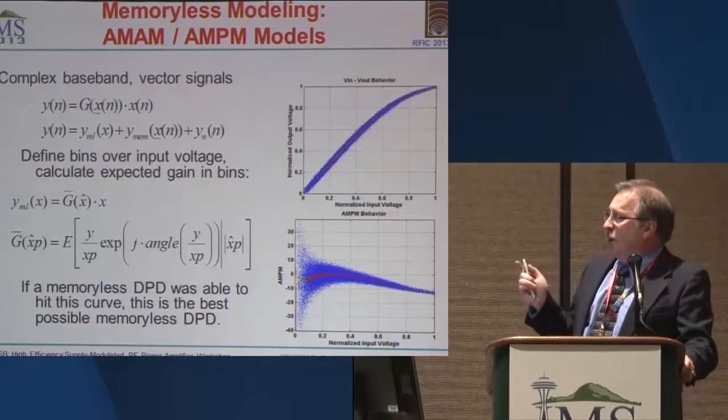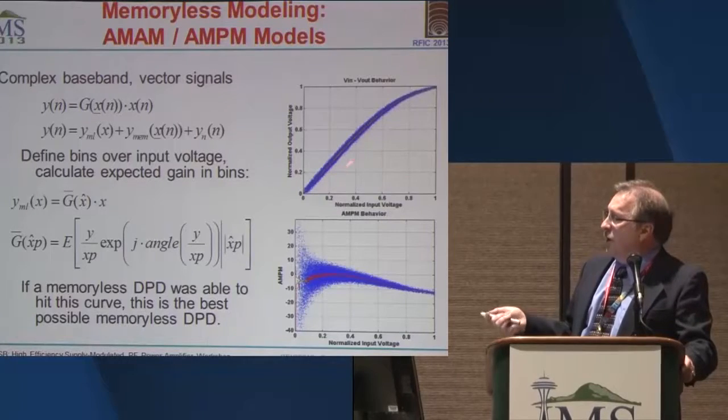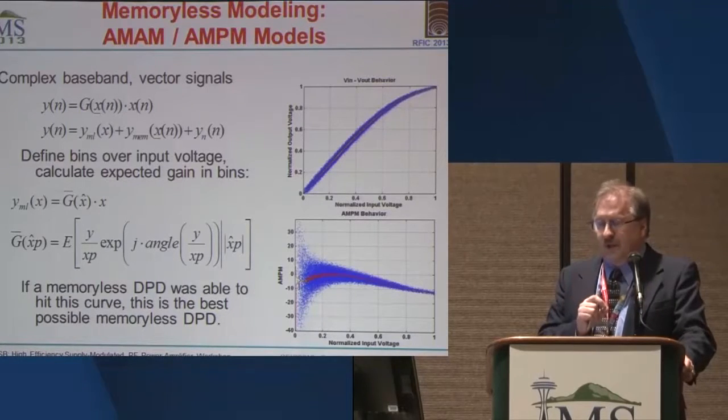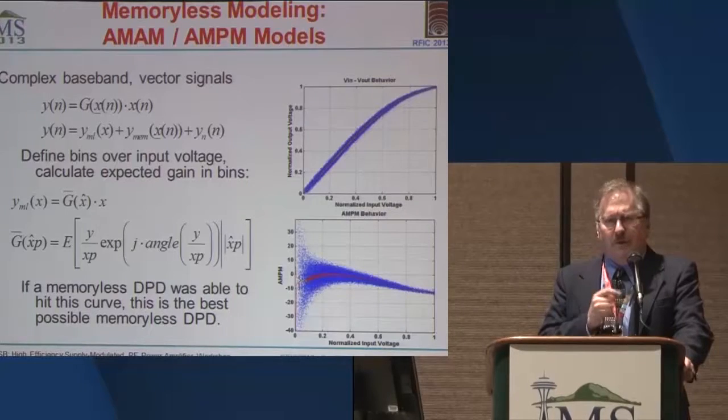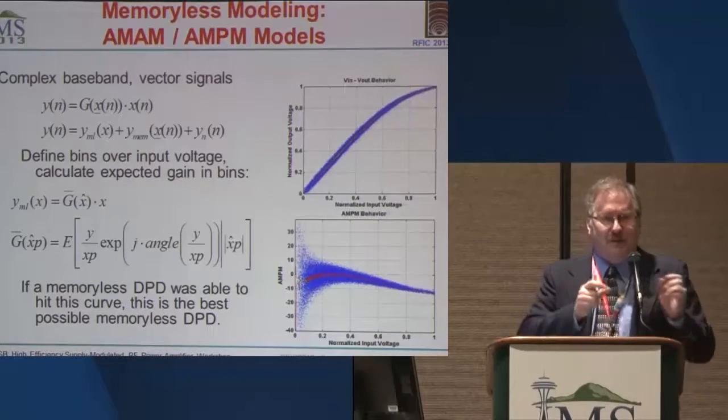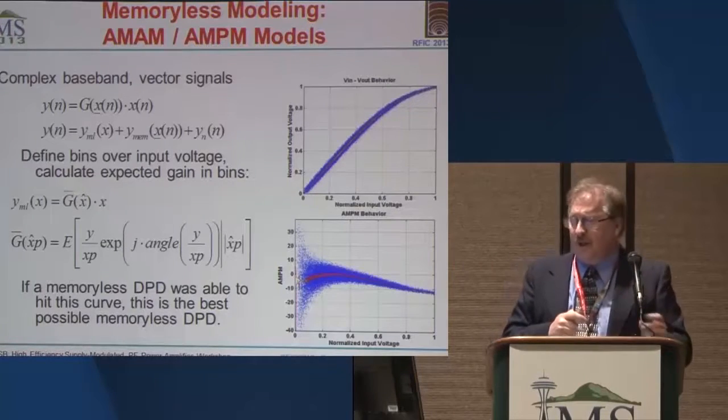Now, this particular approach looks across the range of the input values, and it defines different size bins to do the calculation for the expected value. And you might ask, well, why do I decide on different size bins? Averaging is averaging and it's all nice and clean.